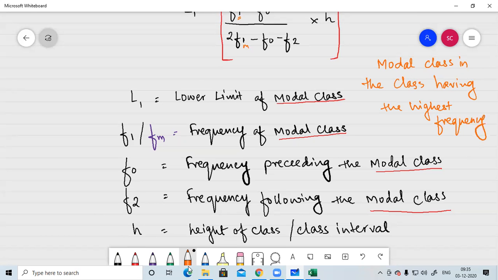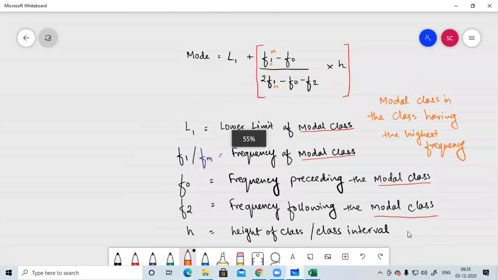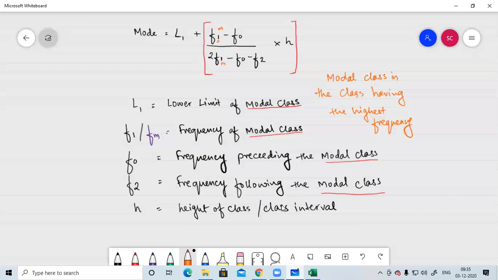The actual word should be maximum, but easy to understand is highest frequency. Is the formula understood by you? Yes, sir. Now, no formula will be understood until we actually do the sum.